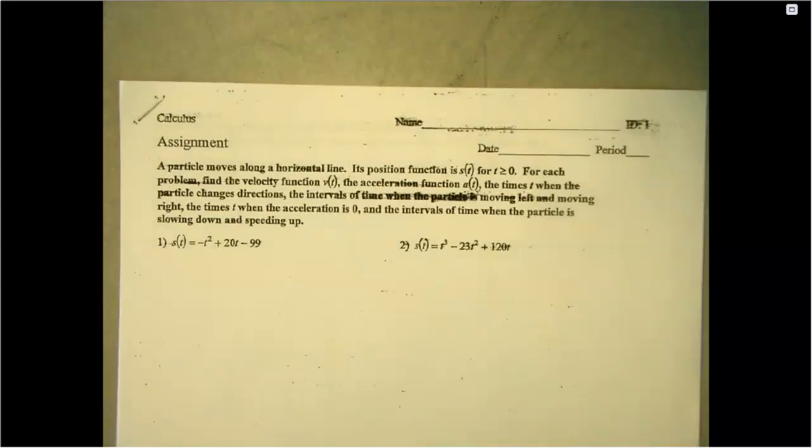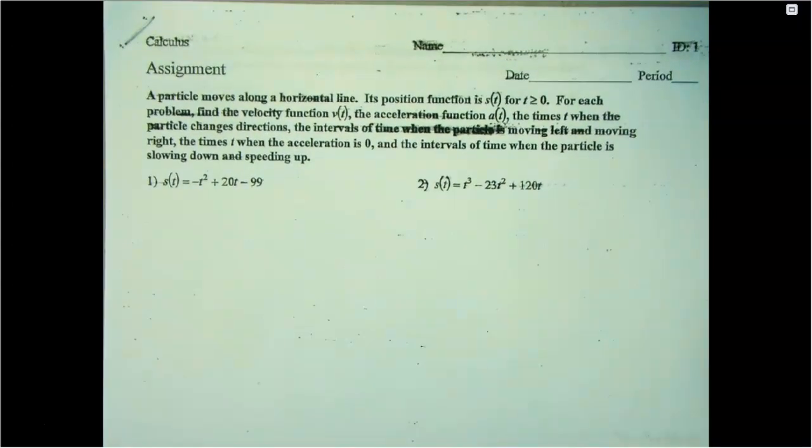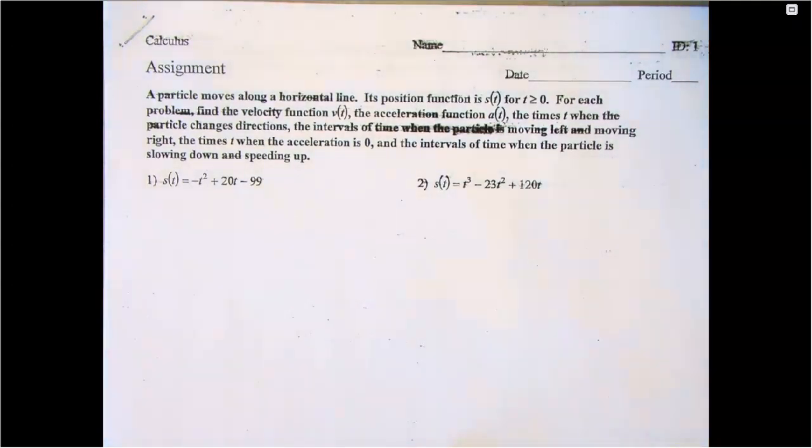So this gives you a bunch of stuff to find. Find velocity, find acceleration. S of t is usually position. That's usually what they use. They could use h of t though, also for height. They usually don't use p.